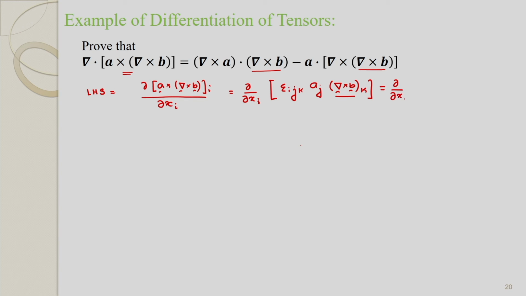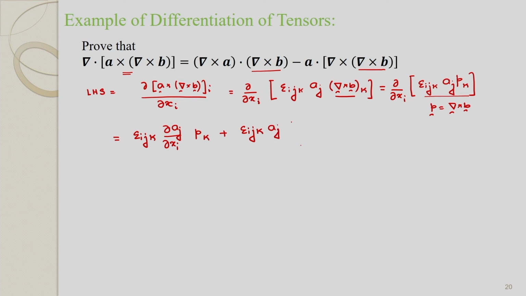So we can use this vector with symbol P. So that is, vector P is nothing but curl of B. Now if we apply the product rule of differentiation, then this is the first term, this is our second term.